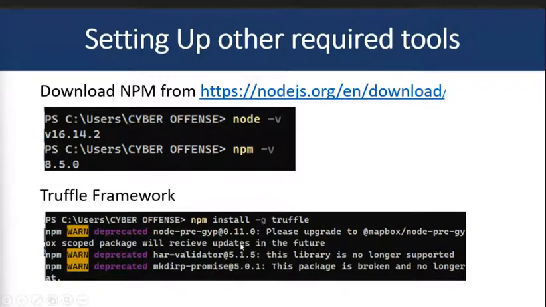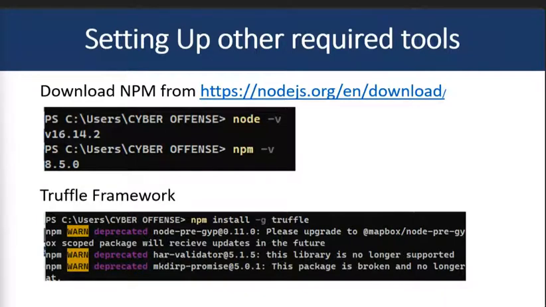In case you have any issue installing Truffle, you can use npm to install yarn the same way you install Truffle. After installing yarn, you can now use yarn to install Truffle. You can browse on Google on how to use that.